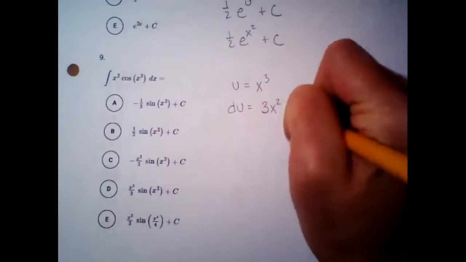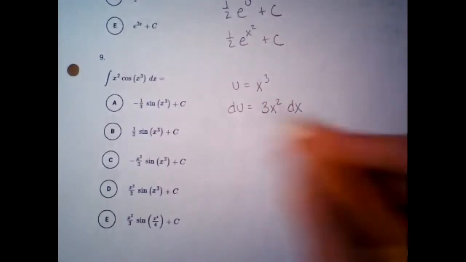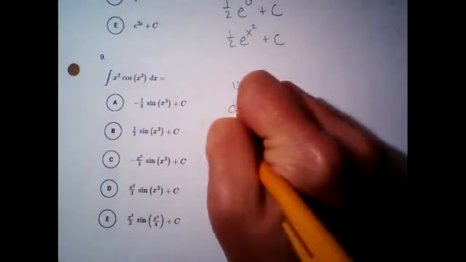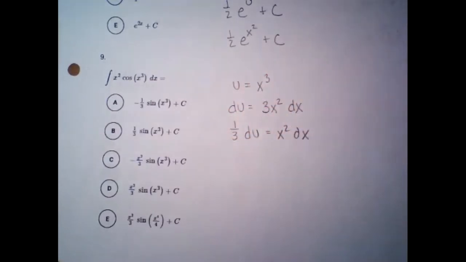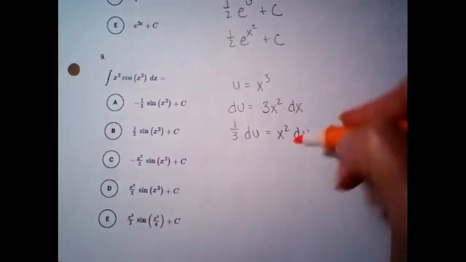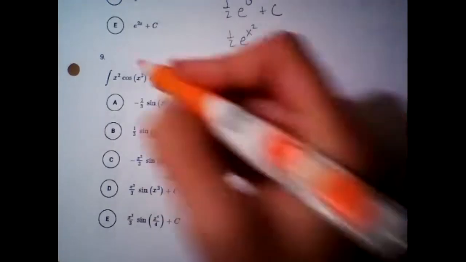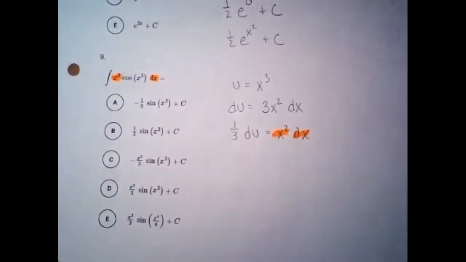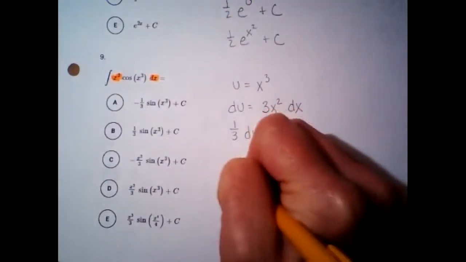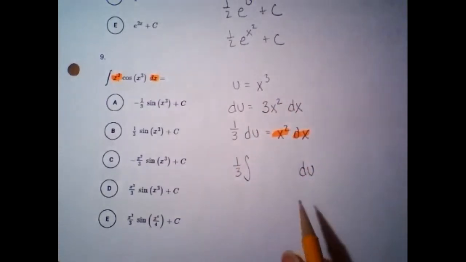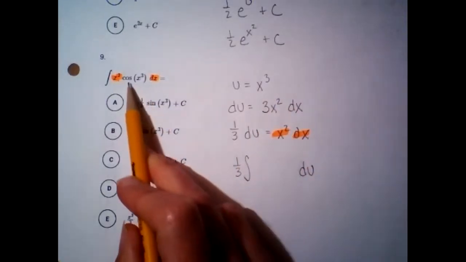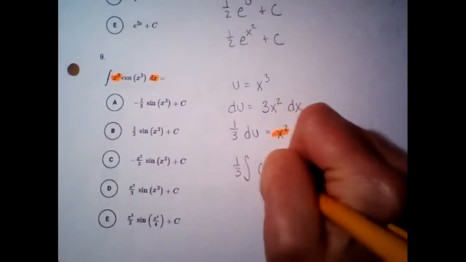So this derivative will be 3x squared. I don't have a 3 in the problem, so I'm going to do 1/3. And so in place of x squared dx, I'm going to put 1/3 du. And so what's left that I didn't highlight is cosine of u.